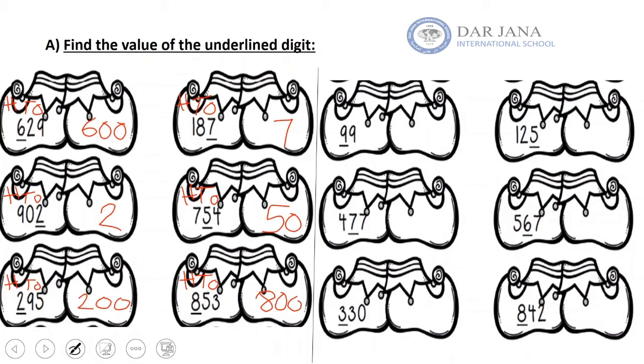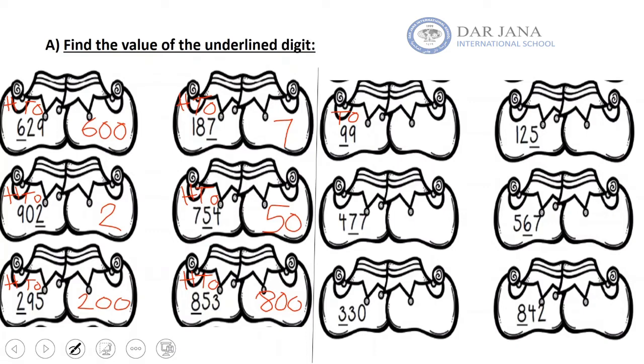99. We have only 2 digits here, right? So, do you have hundreds? No, you don't have. You have only tens and ones. The underlined digit is 9. It's under the family of, yes, the tens. So, how do you read it?